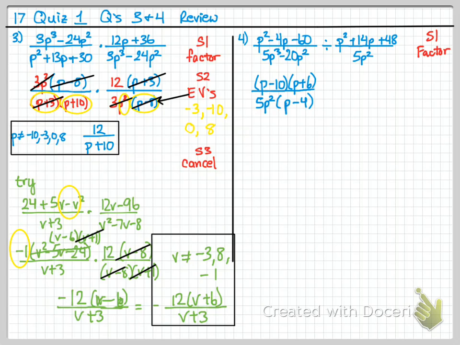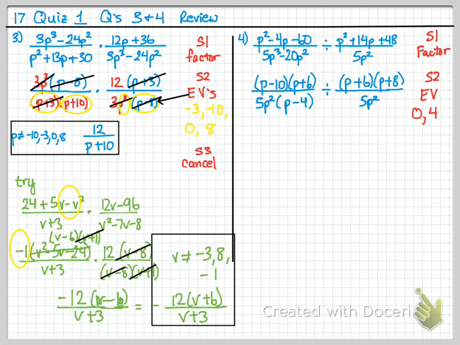In the denominator, you factor out a 5p squared, and you're left with p minus 4. In the second numerator, that'll be a basic trinomial, so you'll get 2 binomials. You get p plus 6 and p plus 8. 5p squared is already factored out. Next, we find our excluded values, 0 and 4.